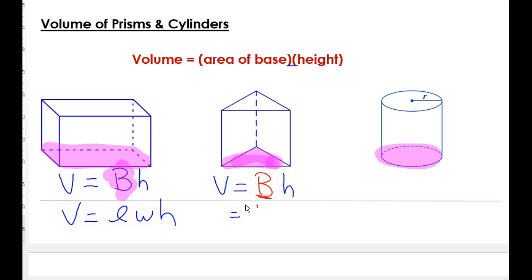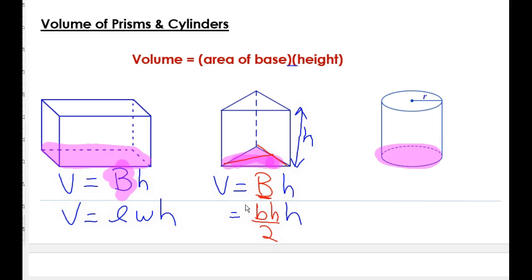which is the base of the triangle itself, so if this is the base that I'm talking about, times the height of the base itself, so that's this dimension right here, divided by 2, times the height, and that's this height that I'm talking about, of the actual prism itself.